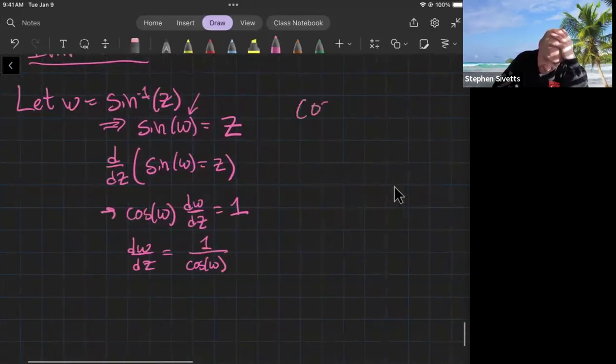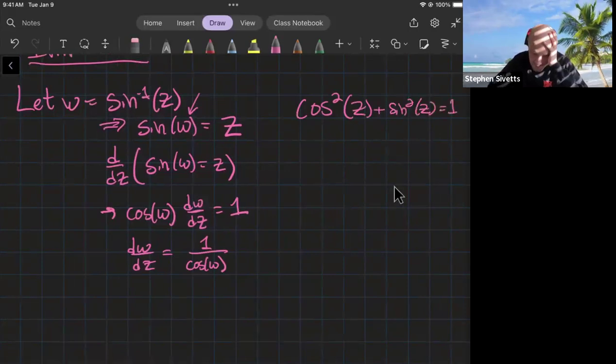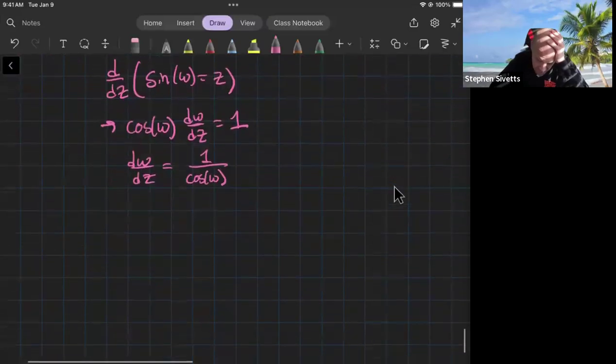And this trig identity for complex numbers would work: cosine squared of z plus sine squared of z is 1. It's very easy to show it, but this is true. Just use the definitions for cosine of z and sine of z to show it.